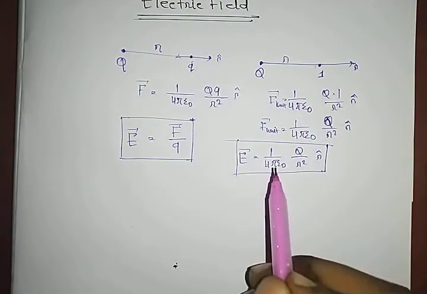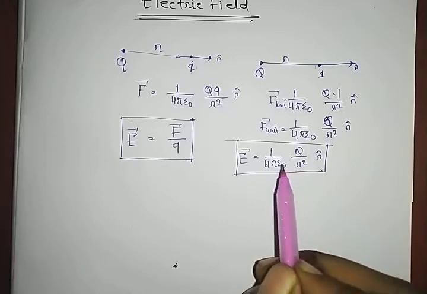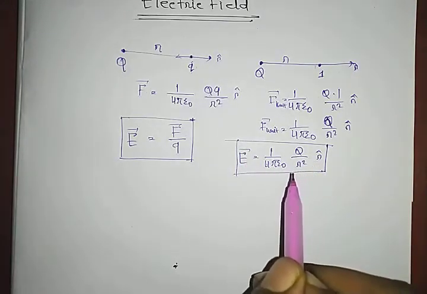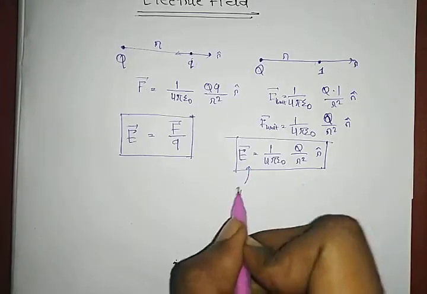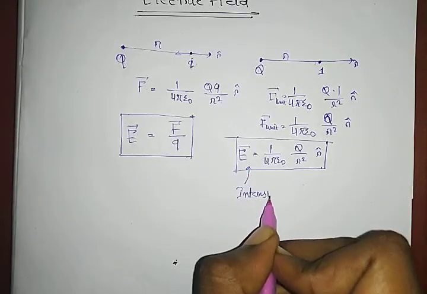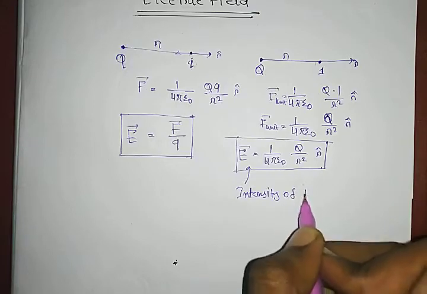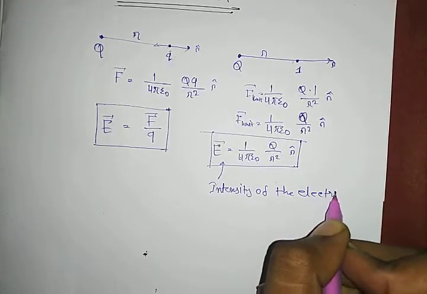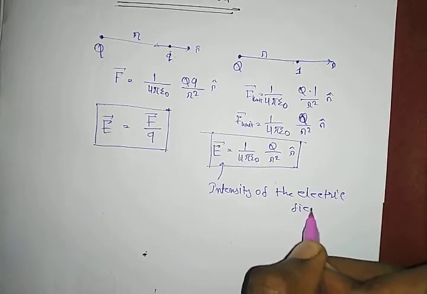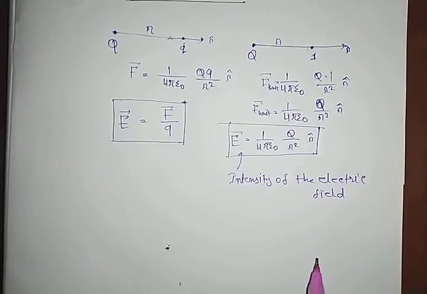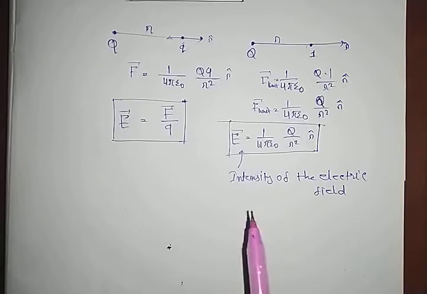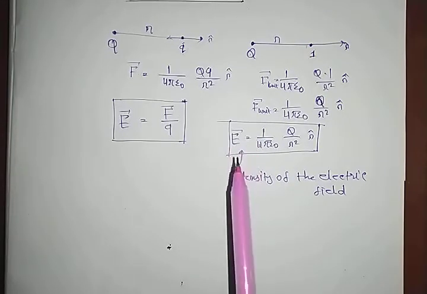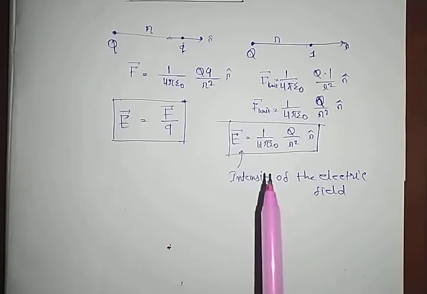This is the magnitude of the electric field, and in vector notation we call it the intensity of the electric field. But in short, or to save some space, we can always refer to this as electric field, and all the standard textbooks do so.